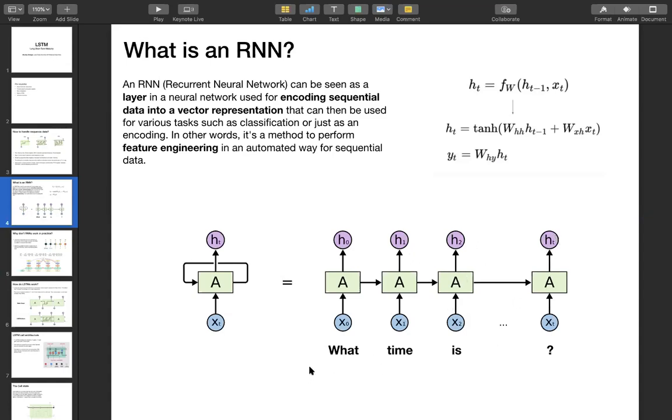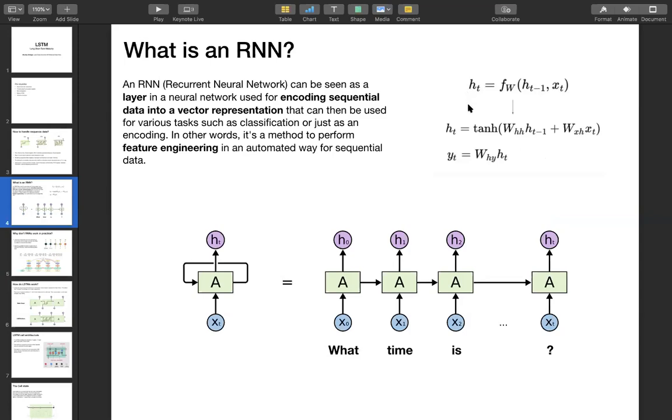So HT represents "what time is it", the complete sentence. But sometimes, primarily when we want to stack RNNs one on top of the other, instead of just using the HT embedding, we would be using all of these. However, if we wanted to do a classification over the sentence, we would just return HT because that would be enough to represent the sentence.